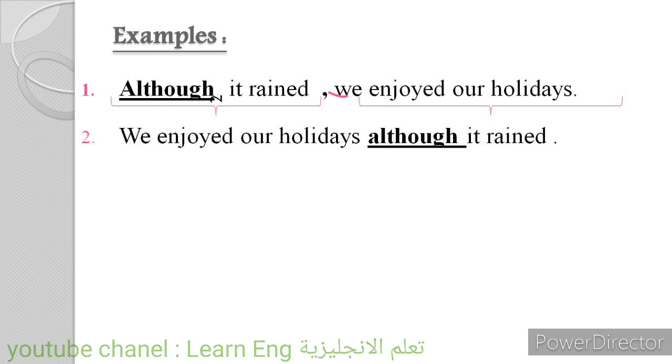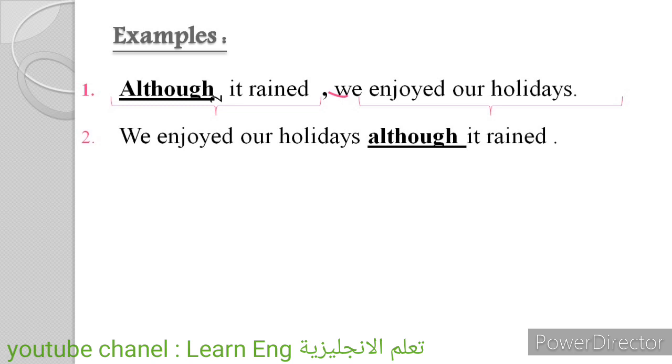The difference is that in the first sentence we used a comma. We used the comma to separate the two clauses. But in the second sentence we don't have to use a comma between the clauses. Why? Because we are using the connector in the middle of the sentence.